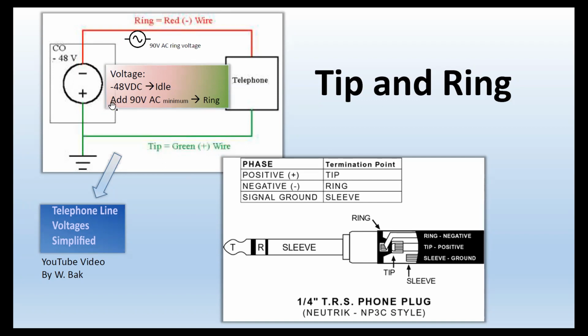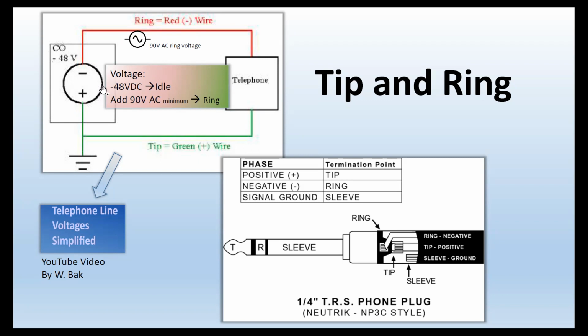Right? Then when you add 90 volts AC to it, you're going to get the phone ring. So when the phone line idles, there's a constant DC going there in that jack, and it's 48 volts DC.